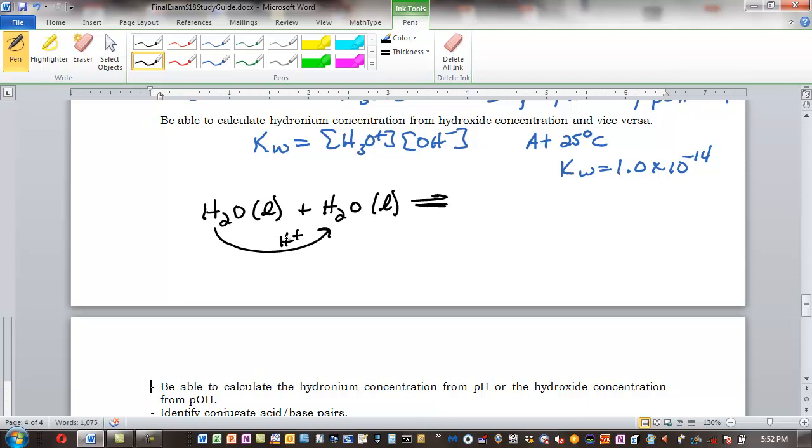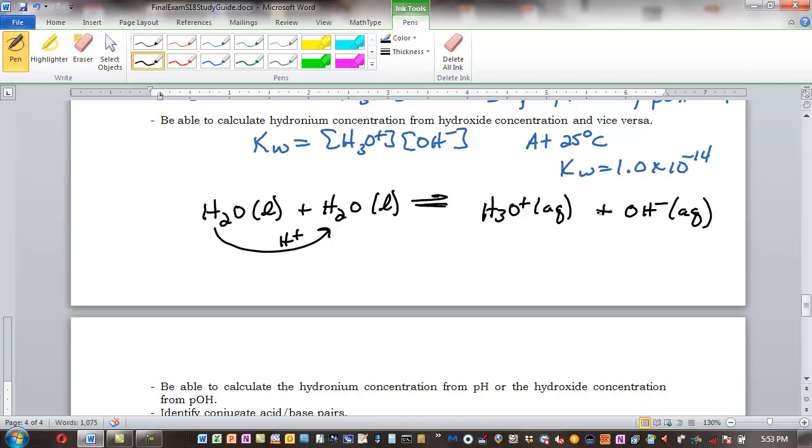The water molecule on the left is acting as an acid, and the water molecule on the right is acting as a base, accepting the H+. When this water accepts an H+, we produce hydronium ions, and when the first water loses an H+, we get hydroxide ions.